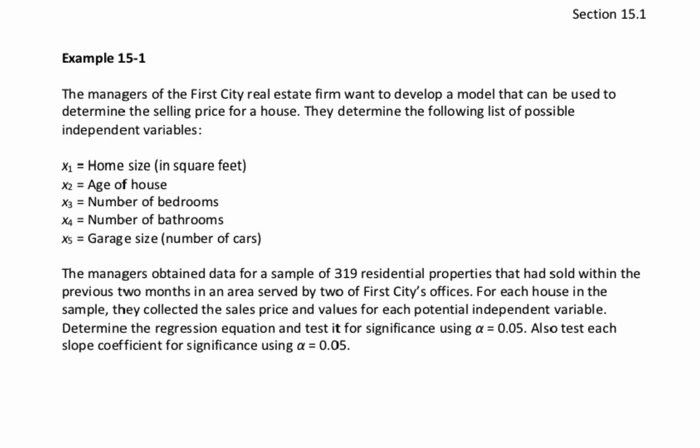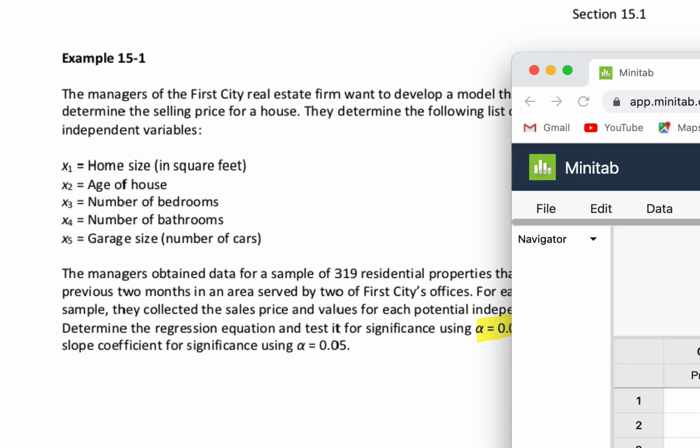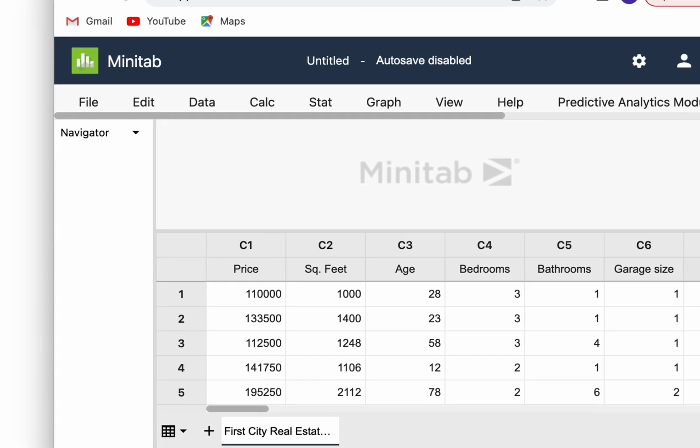This is, as usual, found on Blackboard for a sample of 319 residential properties. And for each house, we have the sales price, and we have each of these data values. We want to determine the regression equation and test it for significance using alpha equals 0.05, and also test each slope coefficient for significance.